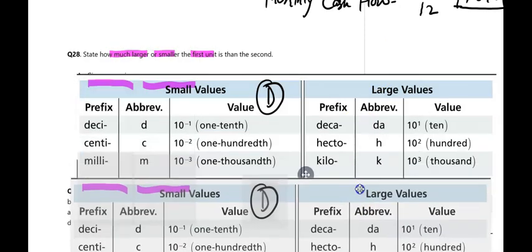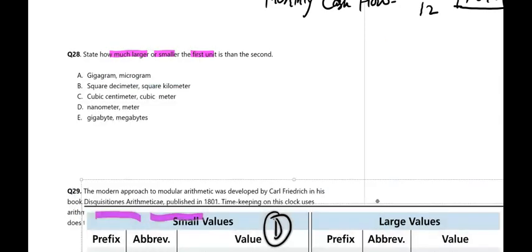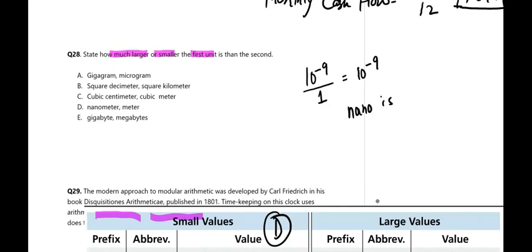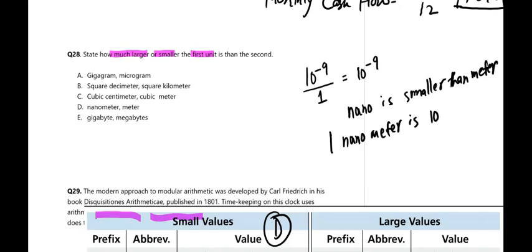So how do you write this expression to see which one is how much larger? 10 to the power negative 9 divided by 1. So it's going to be 10 to the power negative 9. So nano is obviously smaller than meter, and so we can say that 1 nanometer is 10 to the power 9 times smaller than a meter.